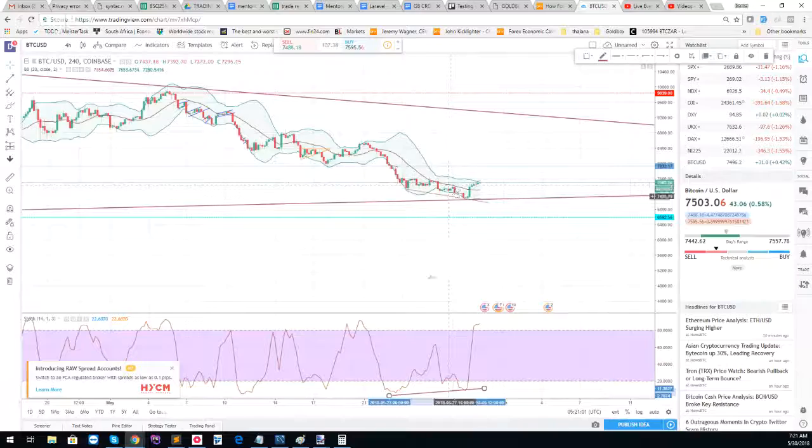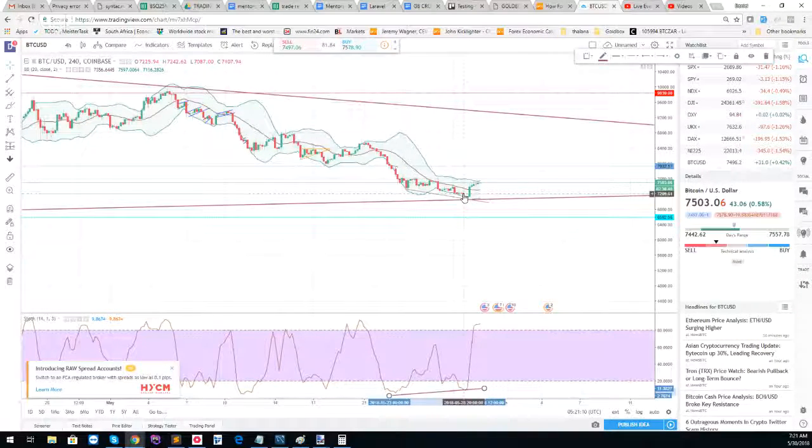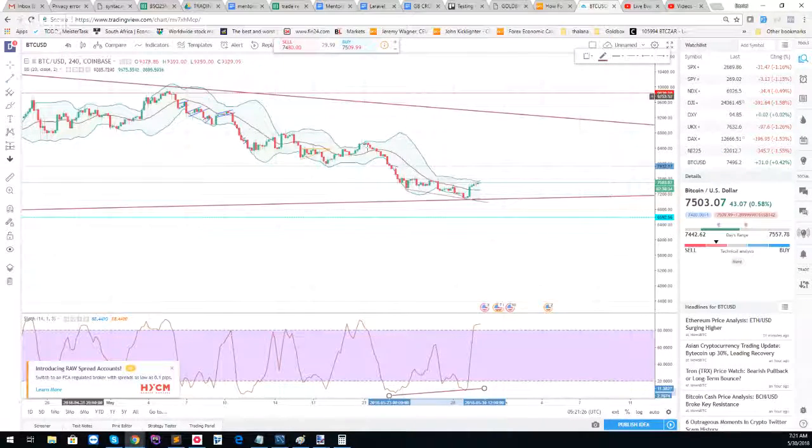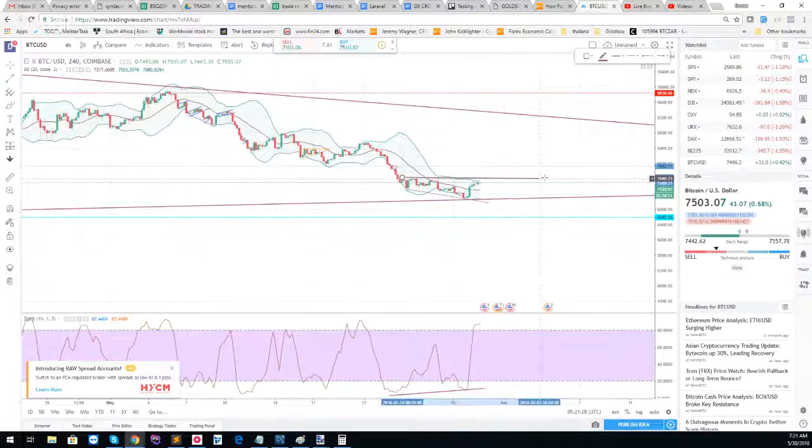Now, we've got divergence, we've got Bollinger, we've got a support line, and a very strong support line. So that's slam dunked 3 times. So that's an incredibly strong indication of the opposite direction, of a trend reversal. It now needs to be confirmed by a formation. And for that really to happen, the price needs to trade above that line. Okay?